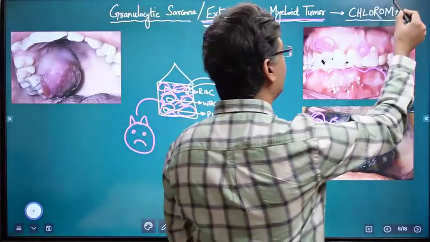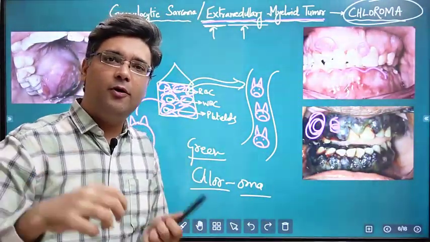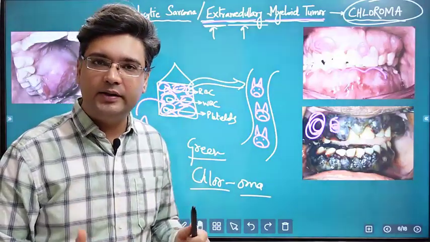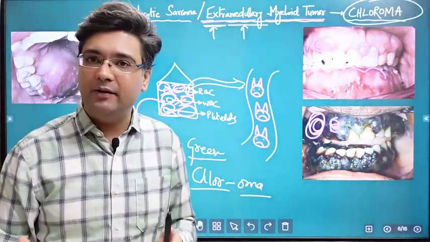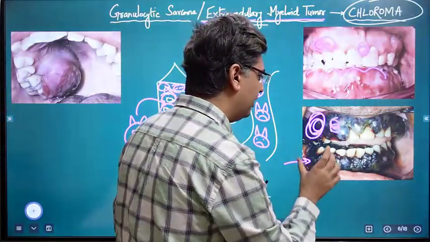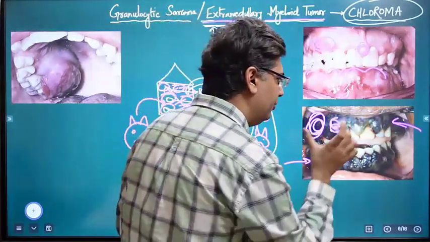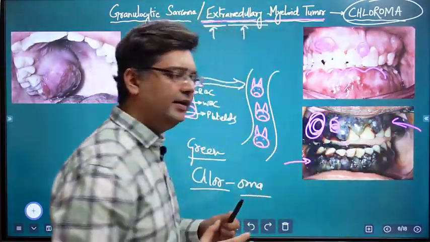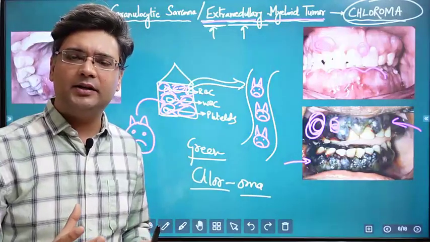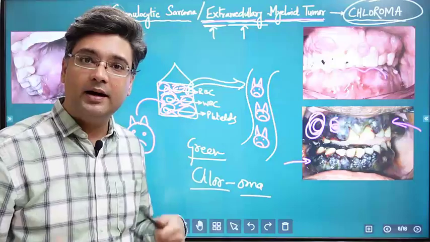So this is also called chloroma when these sorts of tumors form extramedullary colonies and they start settling in peripheral soft tissues where they appear greener in color. Look at this gingiva. It might appear slightly blackish to you, but yes, if you look closely, you will find this greenish hue in this gingiva as well. And that means the tumor cells have settled nicely here and have started to grow.